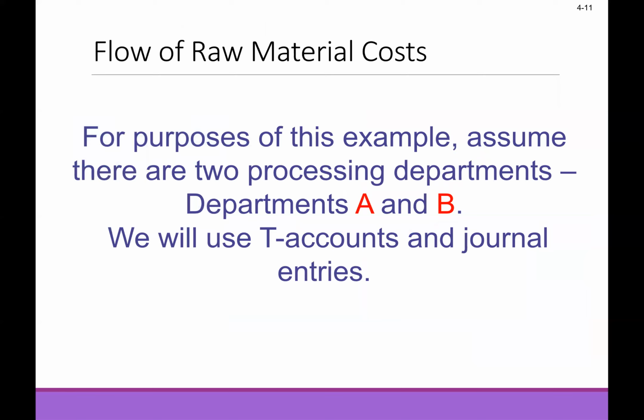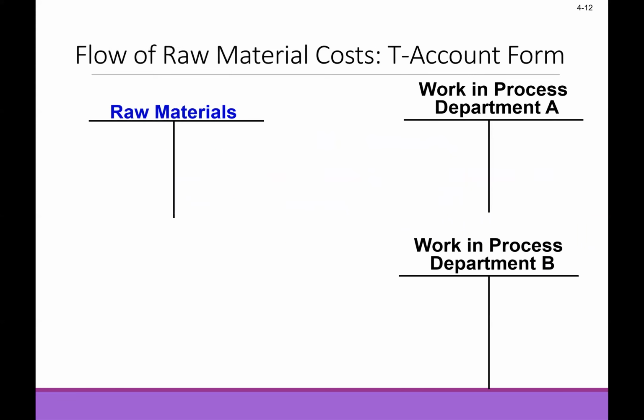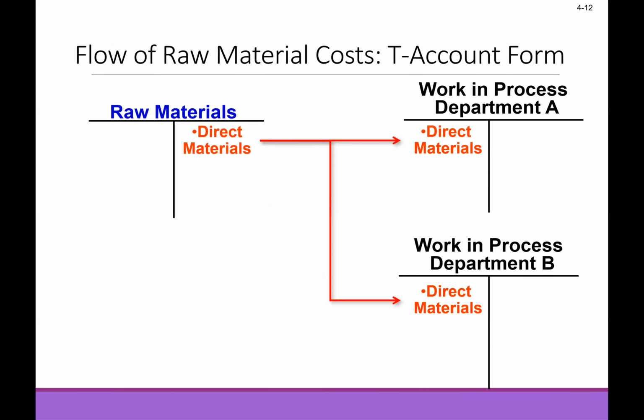For purposes of what we're going to look at, we're going to just assume right now there are two processing departments, Department A and Department B. So when milk comes in or oil comes in, it starts in Department A. And when Department A is completed with their steps, it will then move to Department B. So what happens is the raw materials that flow directly into Department A are shown into that department as a debit.